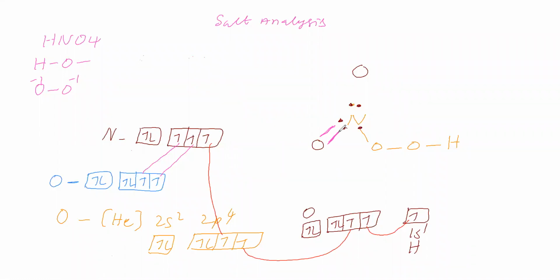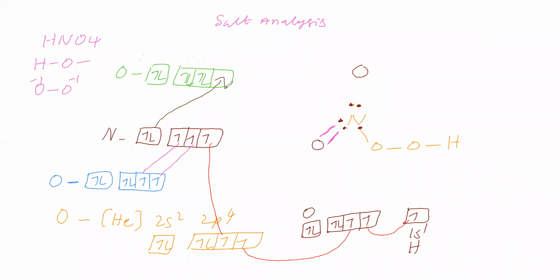Next we will take another oxygen atom. For this oxygen atom, 2s2, 2p4. The 2p4 we will write like this against Hund's rule. We made this a vacant orbital. Now we will give the bonding. That bonding is dative bonding.